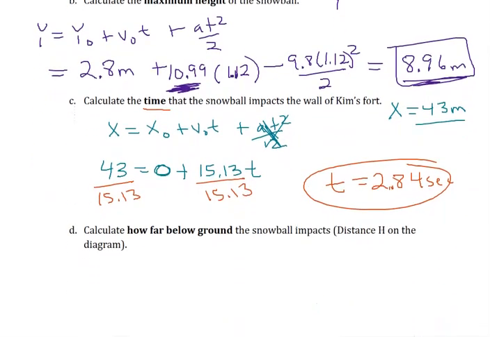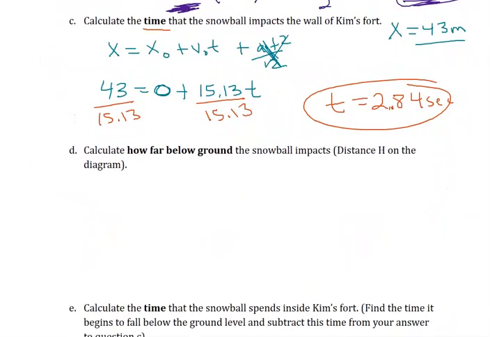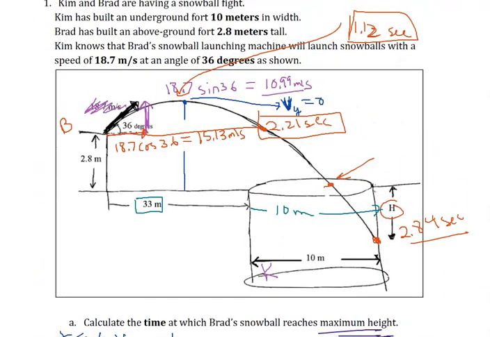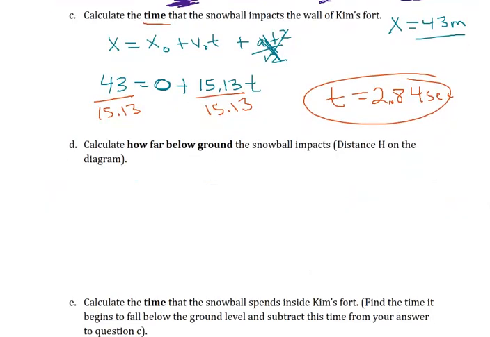Okay. Then how far below ground the snowball impacts, distance h. Again, another reason it's nice to label what you know here. 2.84 seconds. We know the time, we don't know the vertical location. So let's look at our vertical position function. We're looking for the output, we don't know it.